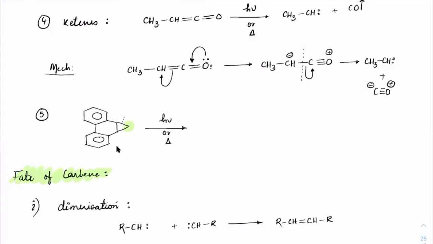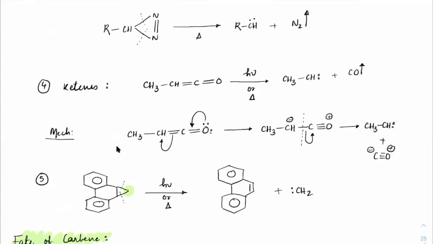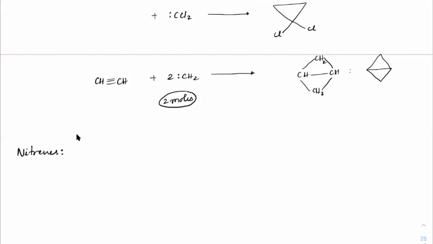It will break here, it will break here and make a double bond formation and become phenanthrene like this, and a double bond will come here, and converts that to CH2. So carbene is produced that way. So these are a few ways by which you can prepare carbenes.